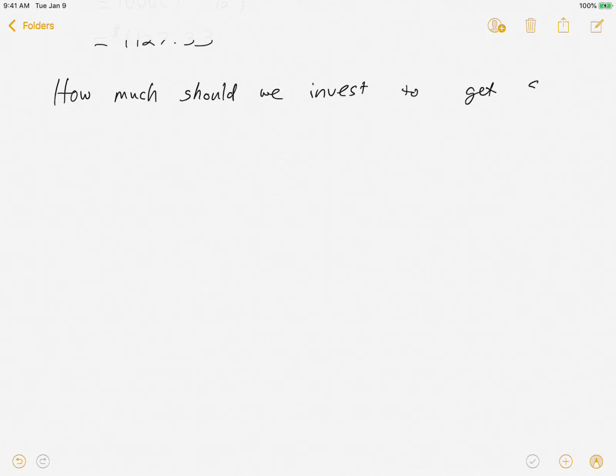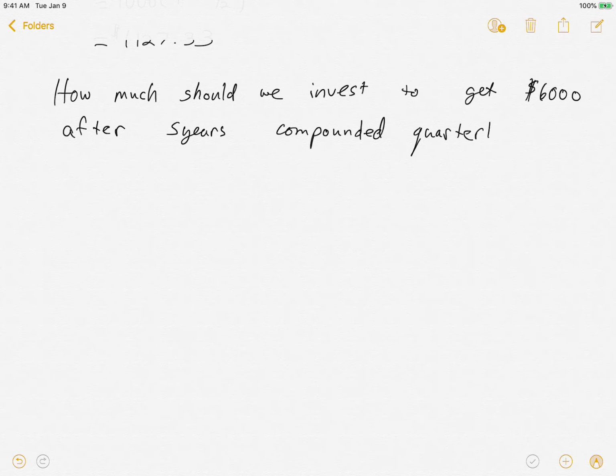Okay, here's another example. Let's say how much should we invest to get $6,000 after 5 years compounded quarterly at 4%.